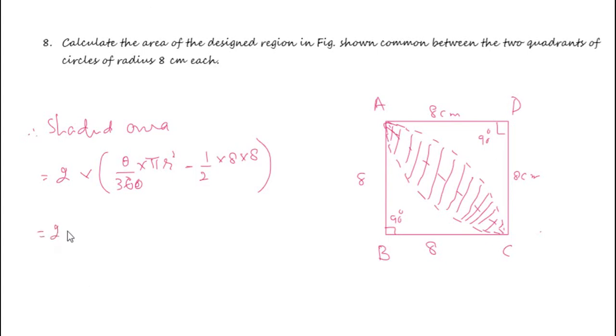So it is 2 into theta, this is 90 degree for this quadrant, this angle is 90 degree, 90 divided by 360 into pi, pi is 22 divided by 7 into r square, 8 into 8 minus 32.